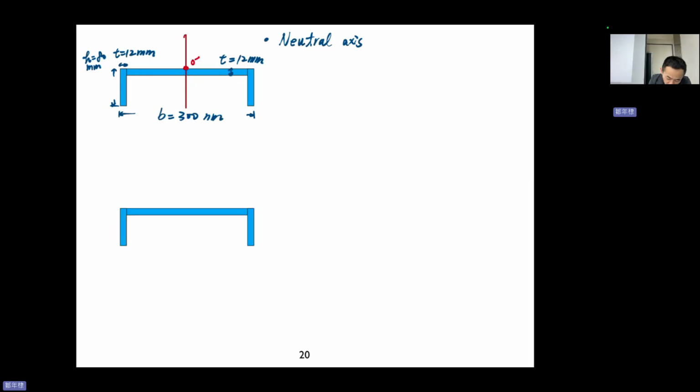So our y will be the middle. Because this is left-right symmetric, the O plot must be in the middle, not biased a little to the side. Don't make trouble for yourself. So we set O plot there because it's symmetric, so don't make it biased to left or right. Make it simple.